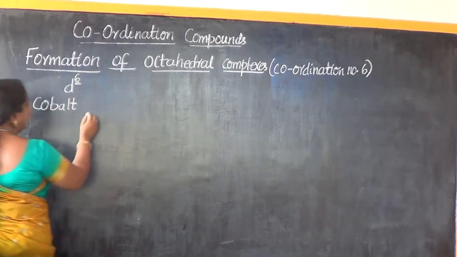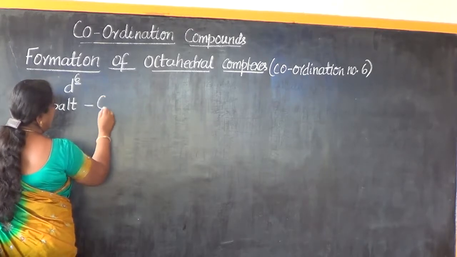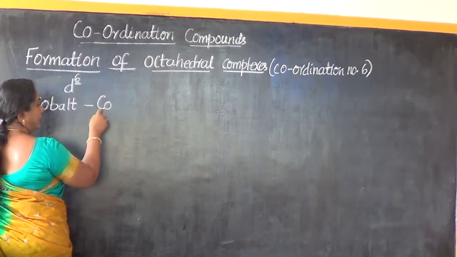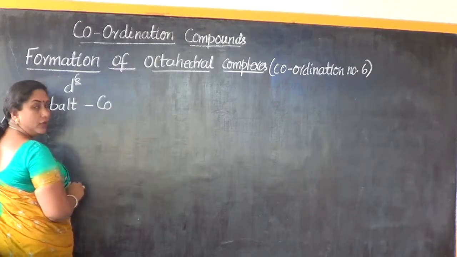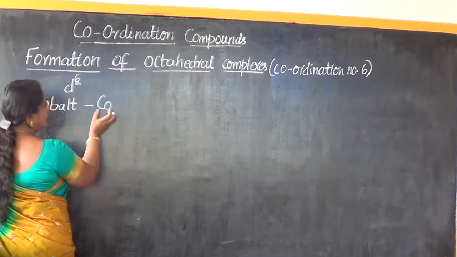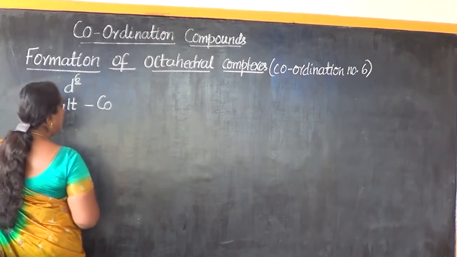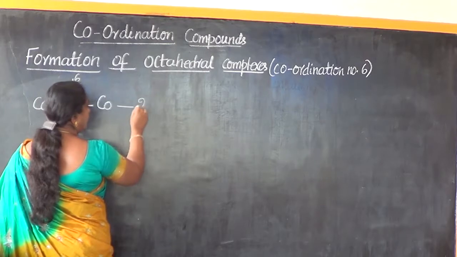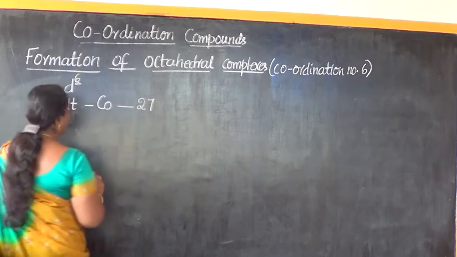Cobalt, its symbol is written as C capital and a small o. So care should be taken by the students to distinctly write the symbol of cobalt, and the atomic number of cobalt is 27.